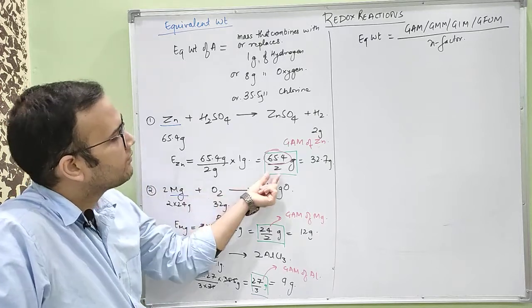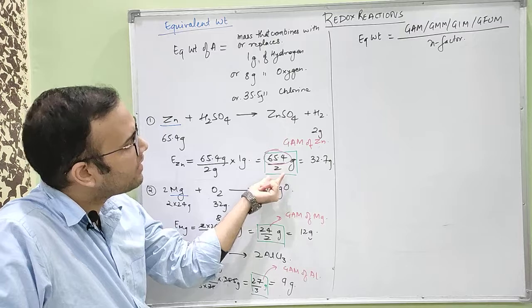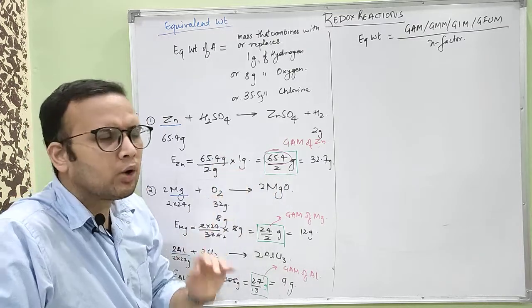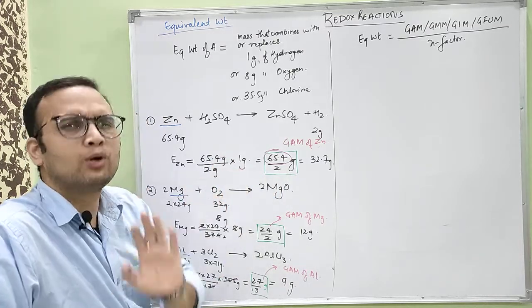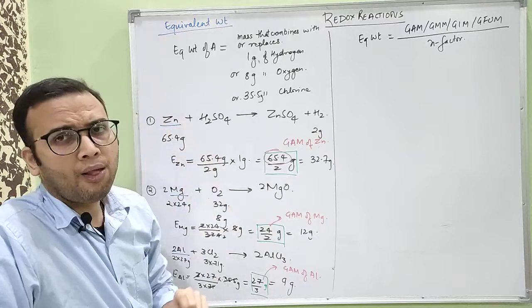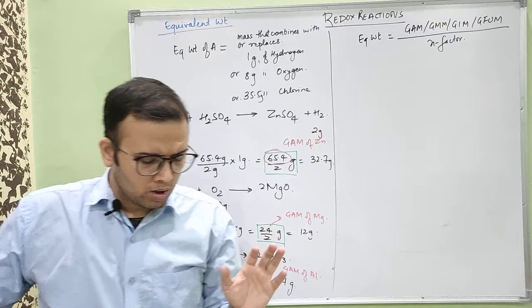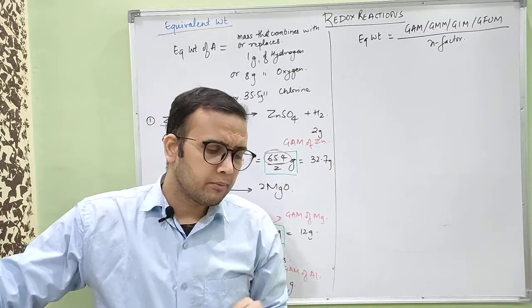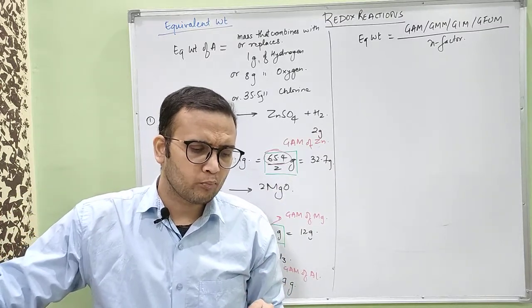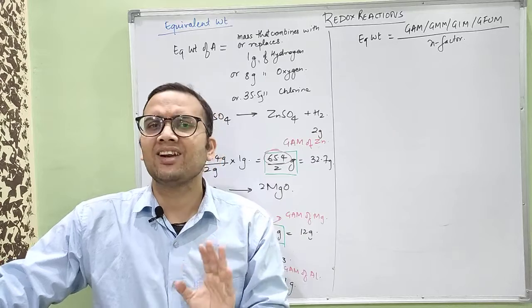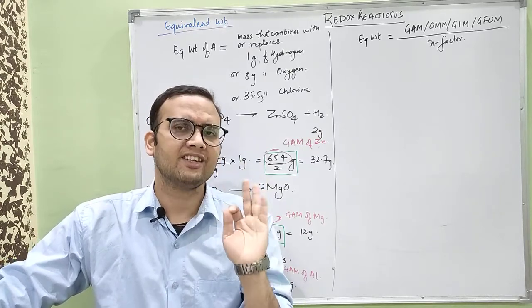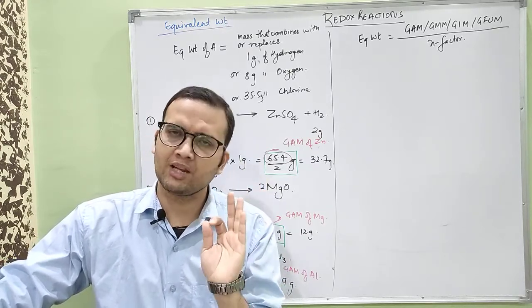We will see that this N factor is somewhat similar to valency, or you can say in general it is equal to valency. So write a note: N factor in general is the same as valency.